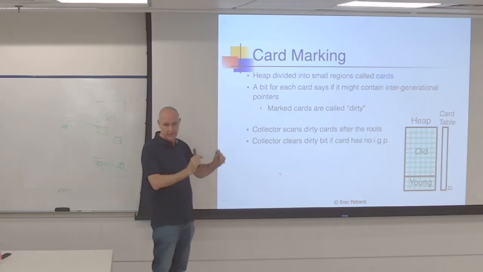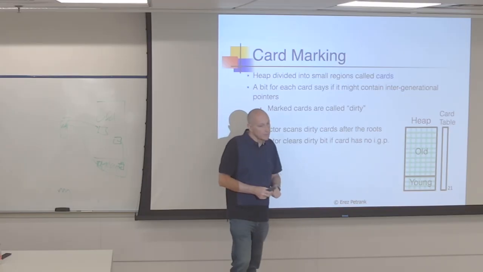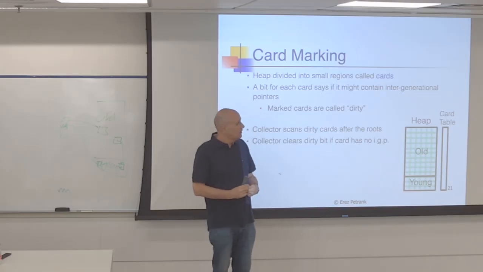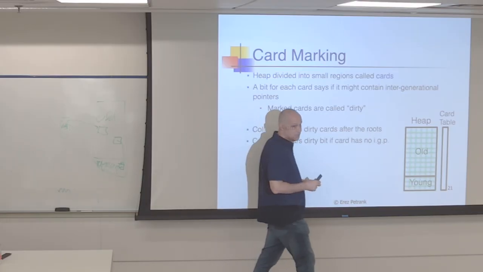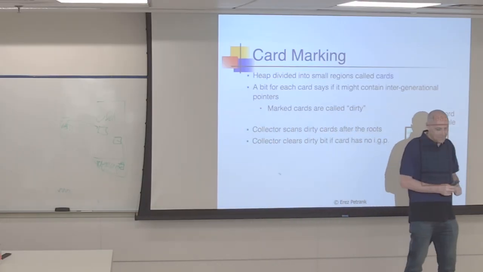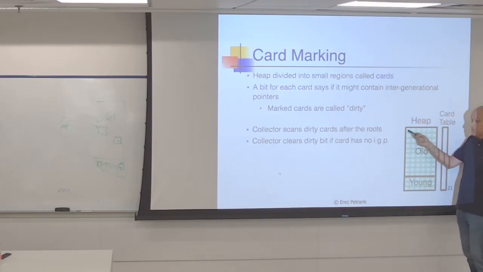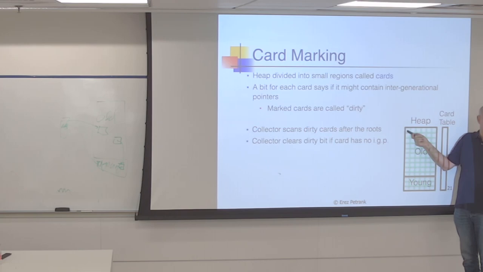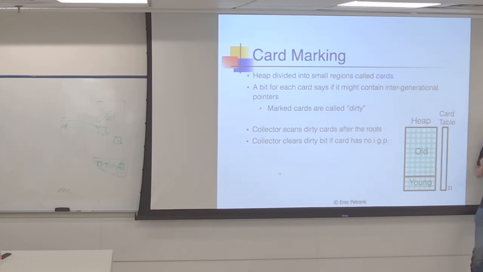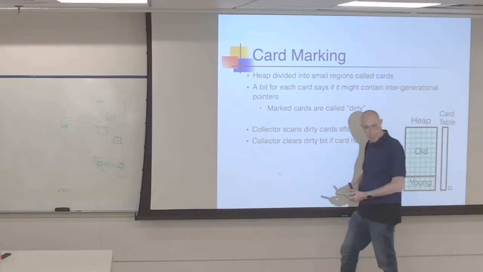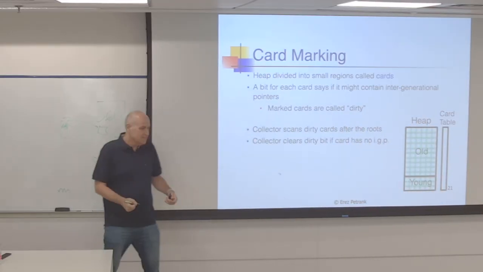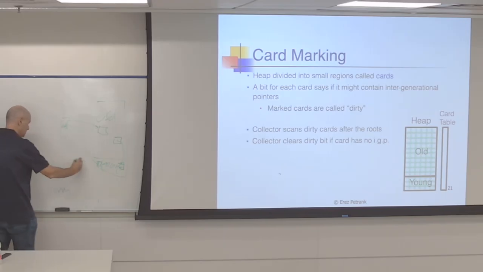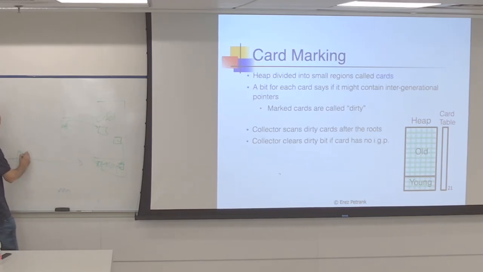No, this is the only thing we have. So this is another decision that has to be made: whether I check if there is an intergenerational pointer and then mark it in the card table, or I do it for any pointer modification. Usually I do it for any pointer modification, and the reason is, if you look at time, there are times of garbage collection, and then there is execution of the program.